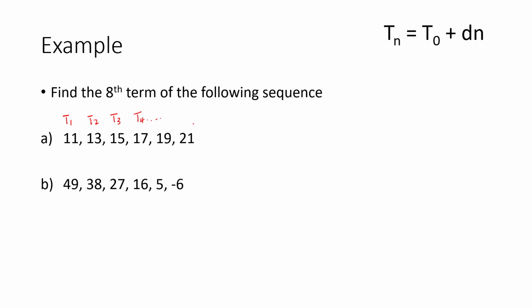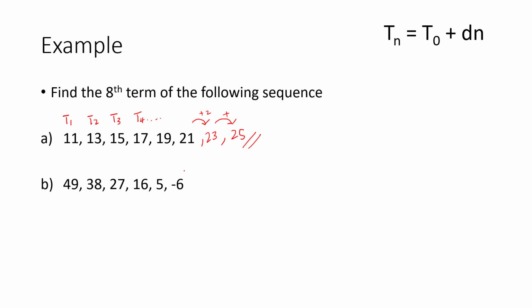So let's continue. This one is just a plus 2, followed by another plus 2. So we will have 23, followed by 25. So 25 will be the answer. 25 is the 8th term, because it is 1, 2, 3, 4, 5, 6, 7, 8, the 8th number in this number sequence.